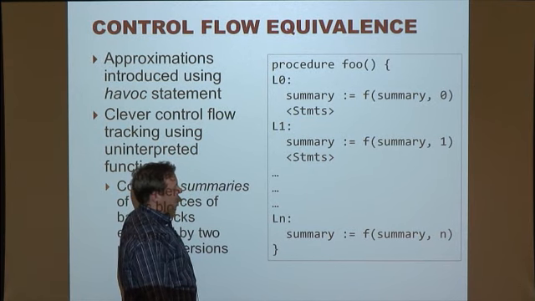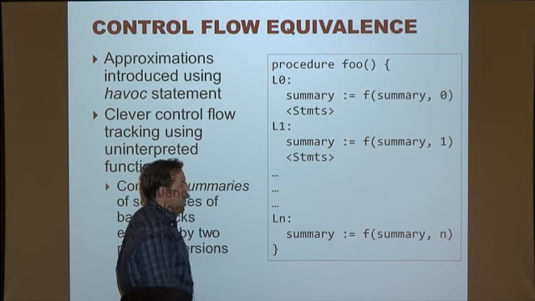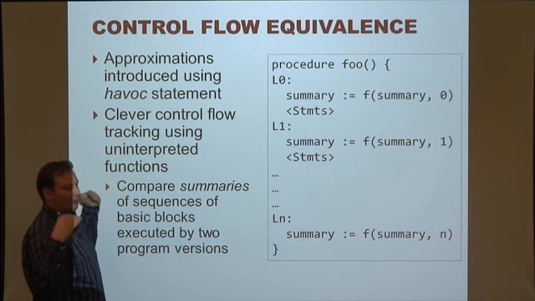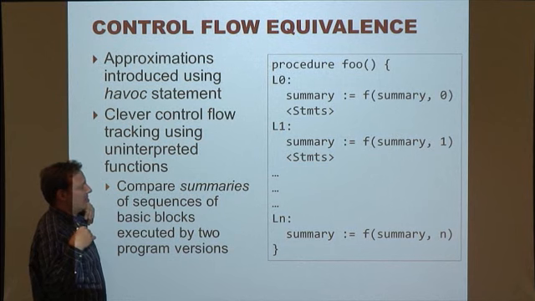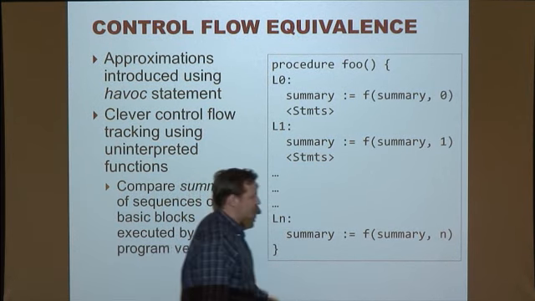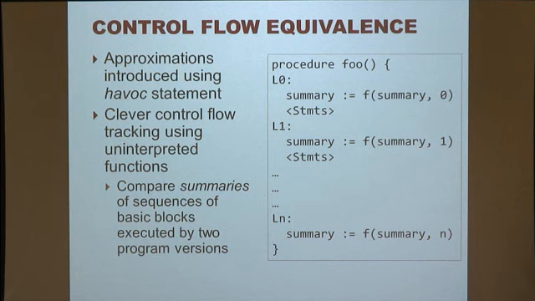By doing this, in the end, we just have to compare these summary variables in the two versions. And that actually works really well, and I think it's a quite nice encoding of control flow equivalence. I haven't seen it before. It's pretty simple, but pretty nice. The original implementation was storing things in an array. Every block was stored in an unbounded array, which was pretty dumb and not as scalable. So this was a nice update to that.